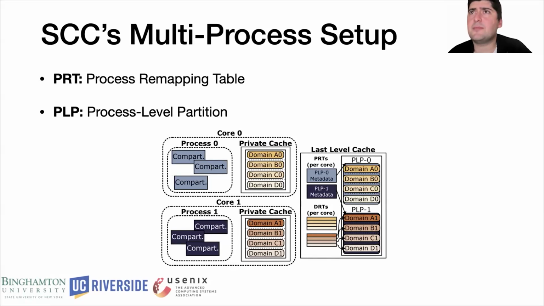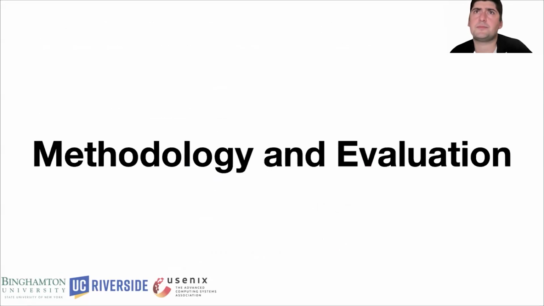SCC allocates nested partitions where domain partitions reside inside more conventional PLPs. The last-level cache retains a single process remapping table, or PRT, that contains the remapping information of PLPs for each core. This way, SCC eliminates both intra-process and inter-process side channel vulnerabilities.